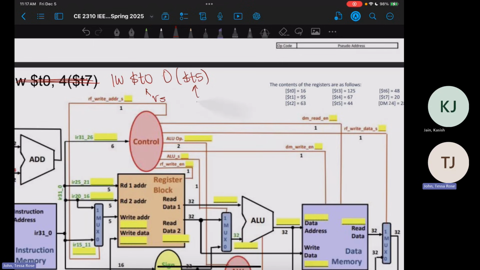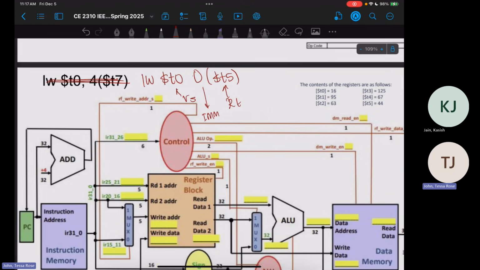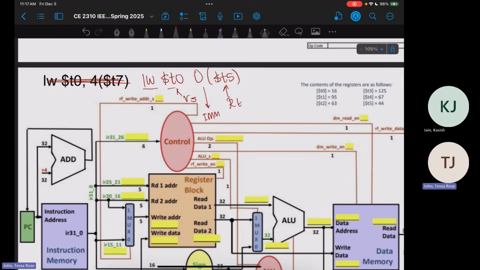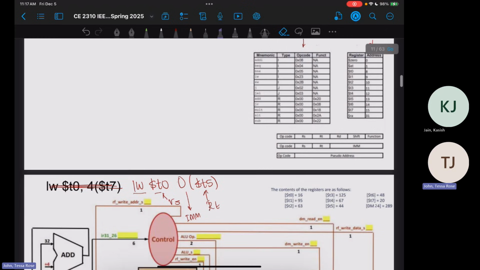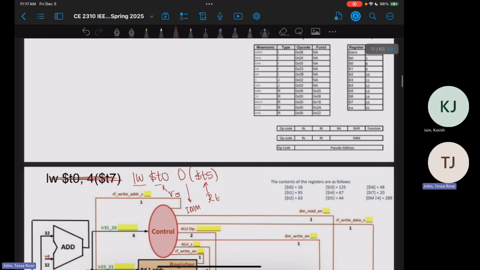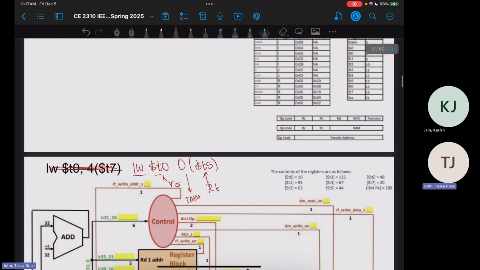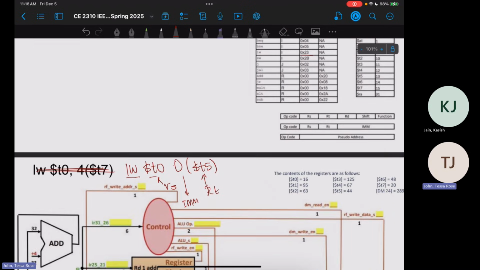This is our RT. And this is our IMM. So all of these, the binary number, we can find over here, the opcode and the address. This table is given in the exam, so you don't have to remember these.